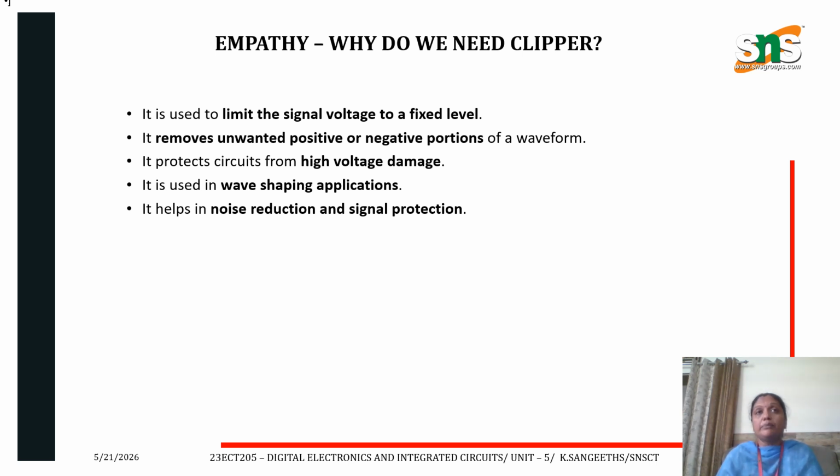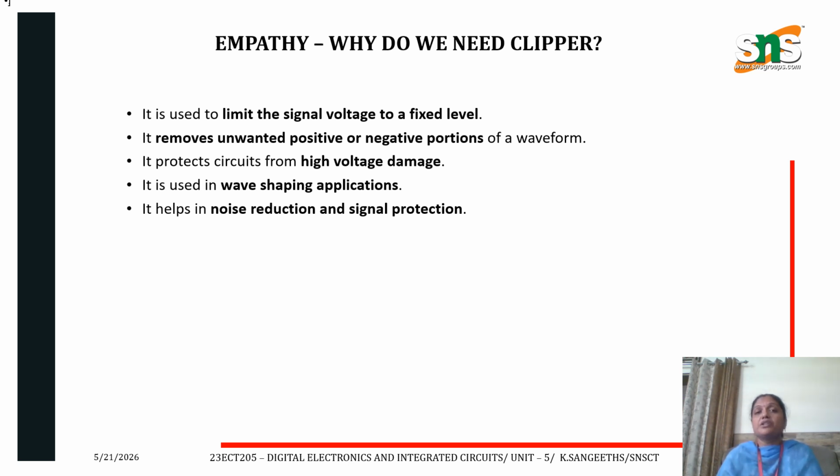For example, in medical equipment, ECG and EEG are mainly used to give the waveforms about the heart rate, the heart signals of the patient. And in mobile charging, it is used to convert AC into DC.